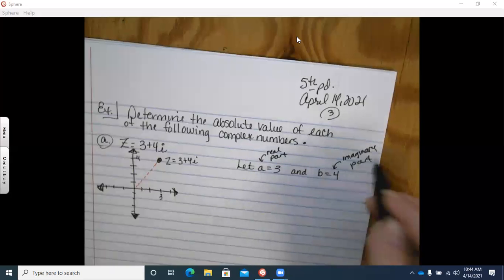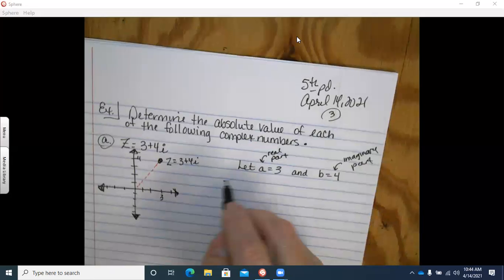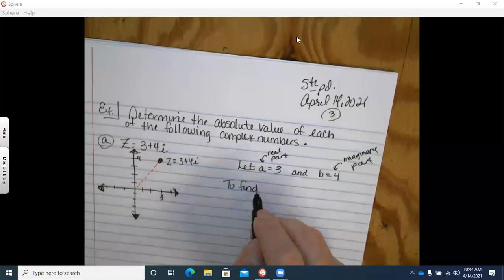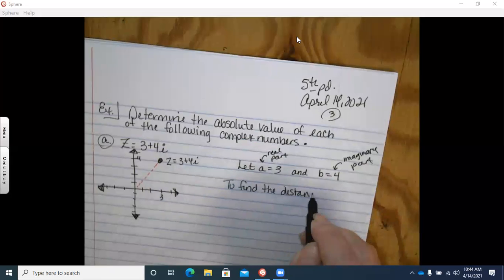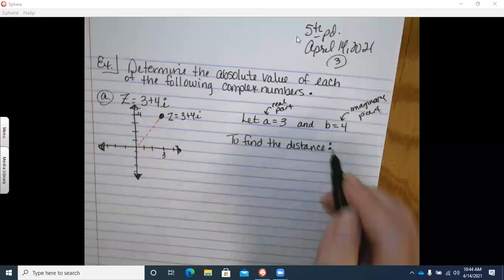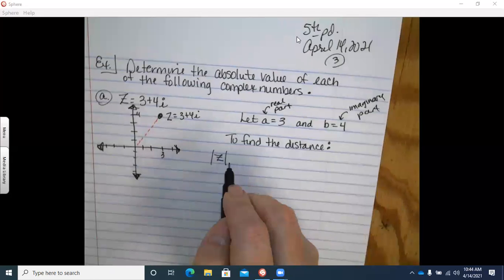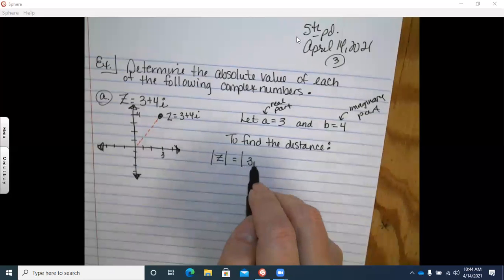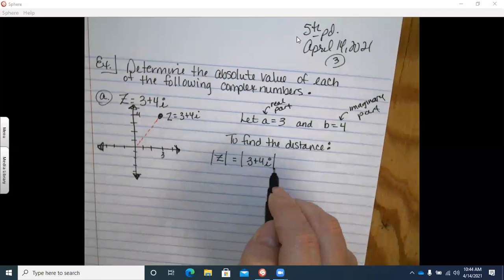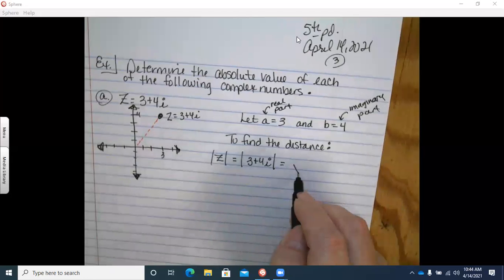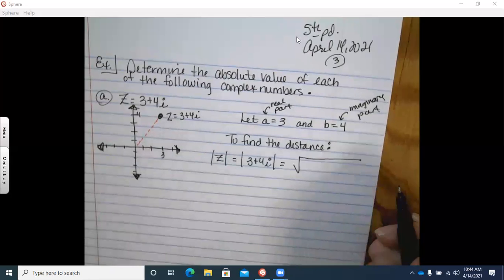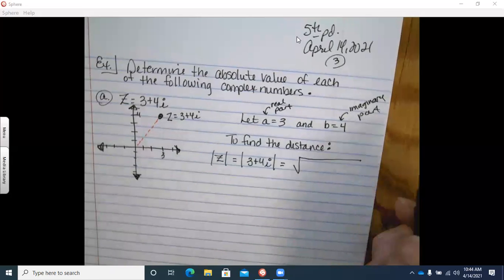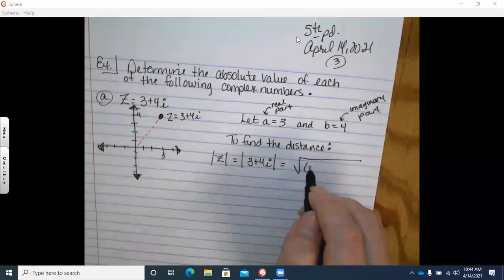So to find the distance, again, we just wrote this on the previous page. The absolute value of z, meaning a complex number, is equal to the absolute value of 3 plus 4i. To find that, we take the square root of a squared, so that's 3 squared, plus b squared.